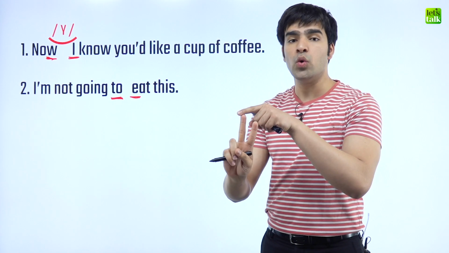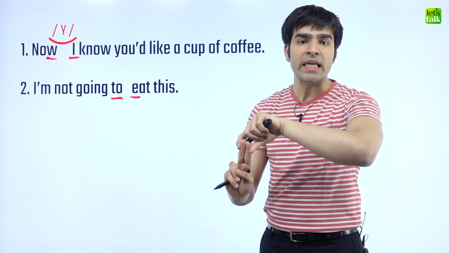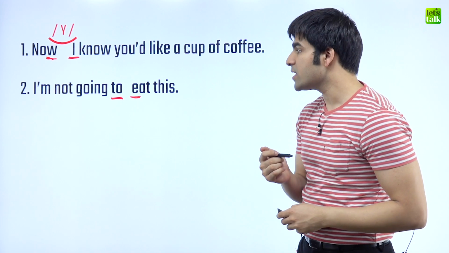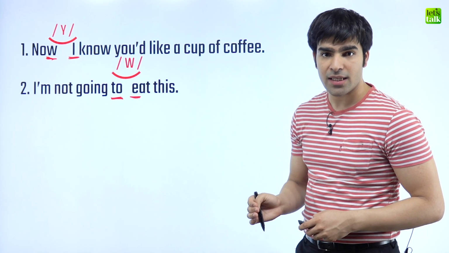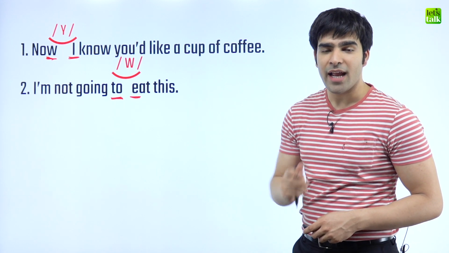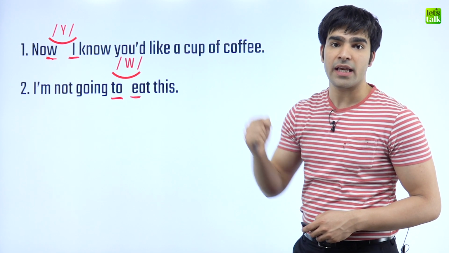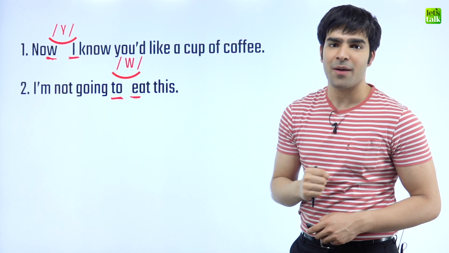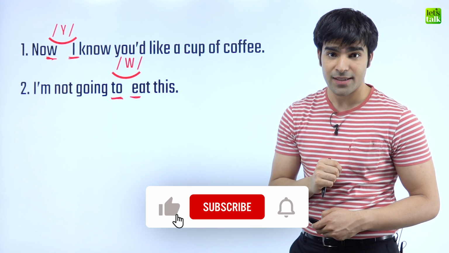If you join oo, e, it becomes ooey, and the sound that comes here is the W sound. It is a very minor thing that nobody notices. But if we start speaking like that, we automatically become advanced speakers of the language. I'm not going to eat this.